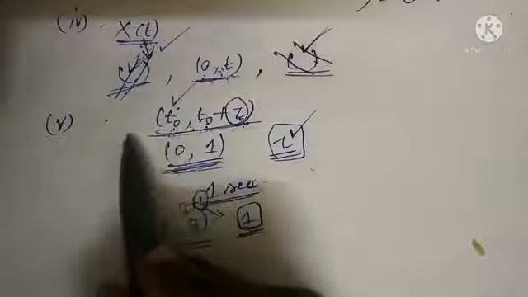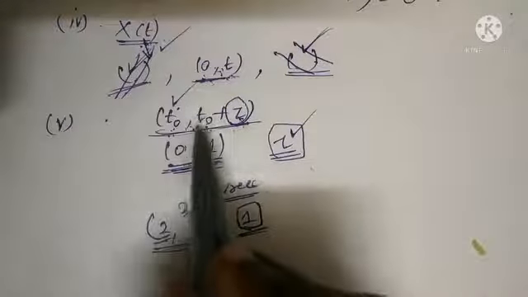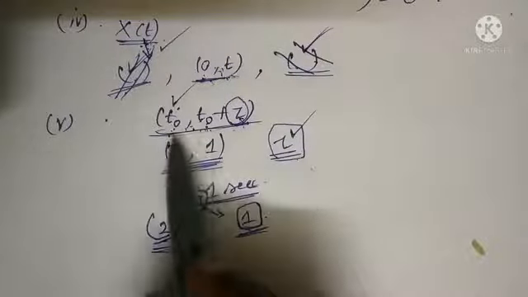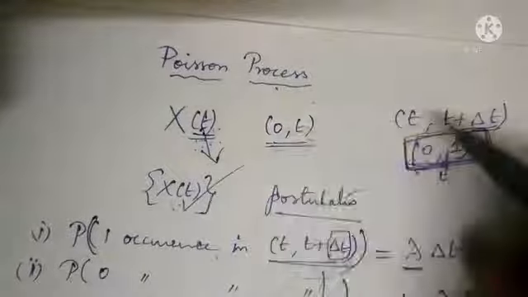The probability that a certain event occurs a specified number of times in this interval depends only on tau and not on t naught. So these are all 5 postulates. If these postulates are satisfied, then the random process X of t is a Poisson process.